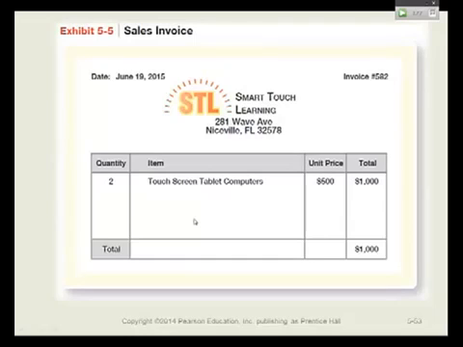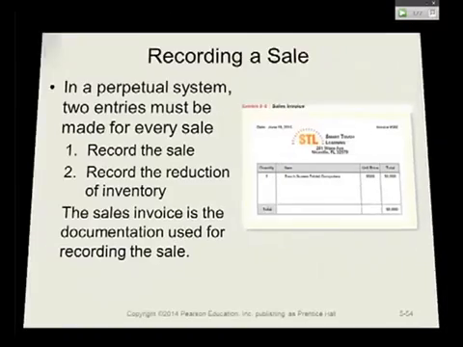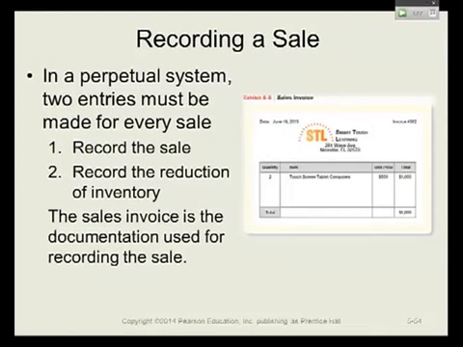So one part of the sale entry is going to record the sales revenue as you did with a service company, where you're going to have a debit to accounts receivable and a credit to sales revenue in this case. The problem here is the cost of goods sold. The cost of goods sold has to be recorded along with the reduction of inventory.